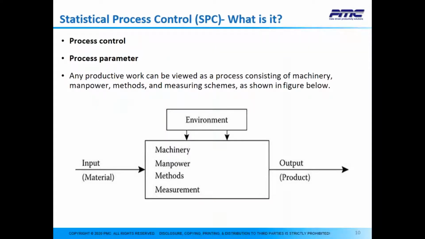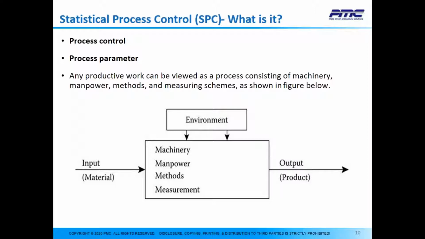So before, again, we get into more on the statistical process control, we need to define what process control is about. Process control is the most important component of the quality effort during manufacture, and its objective is to proactively evaluate the condition of a process and to control it so as to prevent the production of defective units.